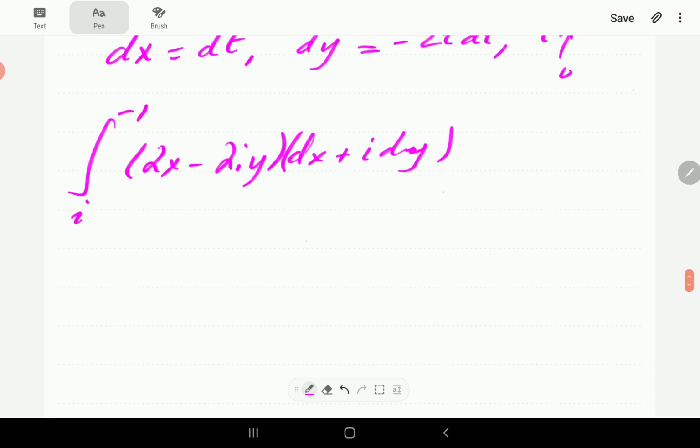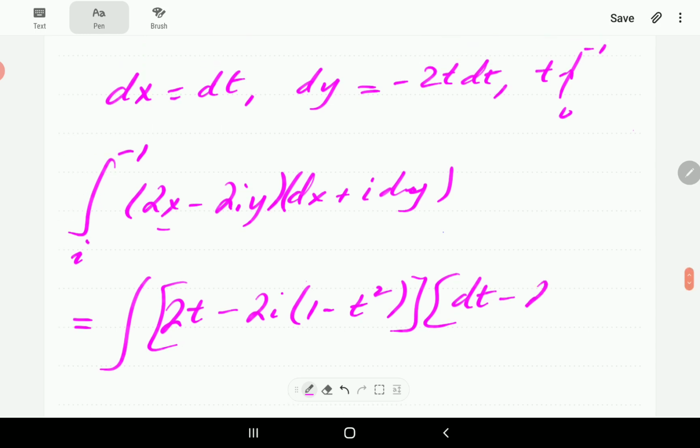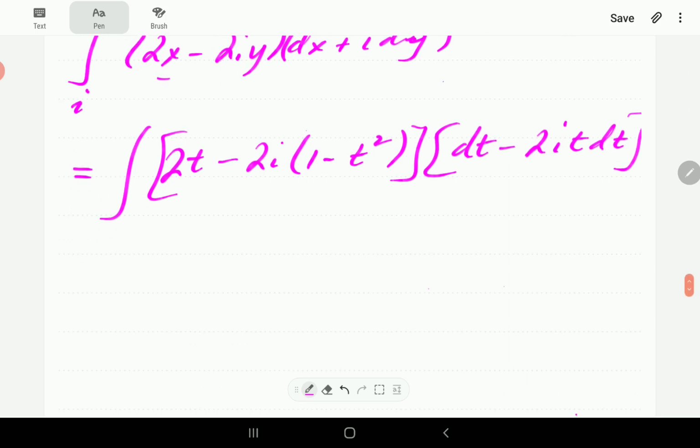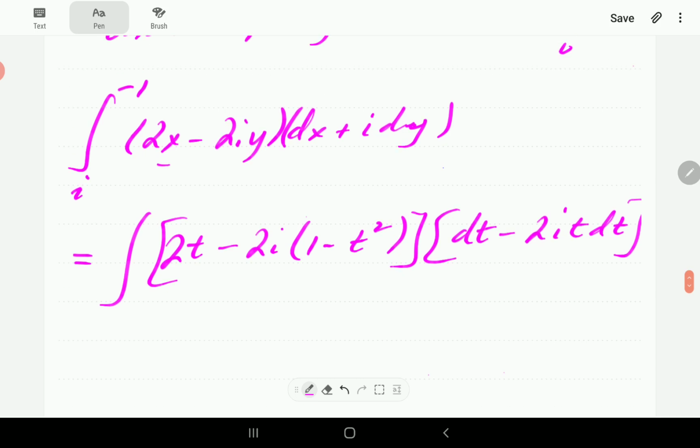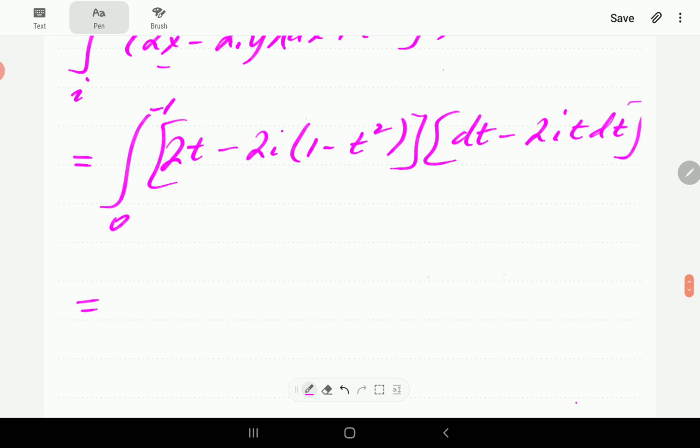So we can write this now entirely in terms of t, and it's going to look as follows. This is going to be 2t. This is going to be 2i into y, which is 1 minus t squared. Then dx is just dt, and dy is minus 2t dt. And then the limits are just from 0 to -1, as we've mentioned a few times now.